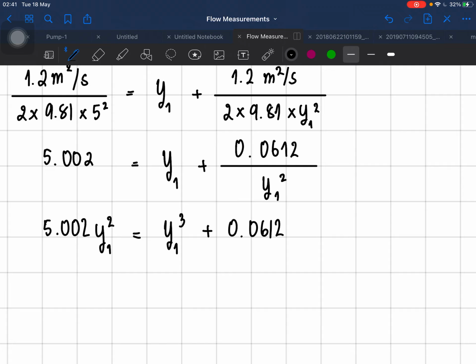Okay, I'll just use this one. b is equal to minus 5.002, c has no value, and then it equals minus 0.0612. The answer is 0.1110. Oh, it's 0.1111.